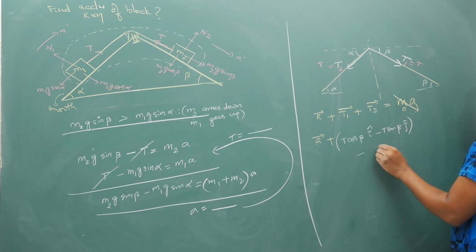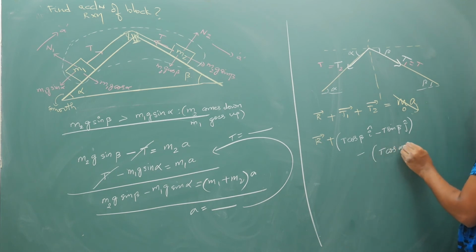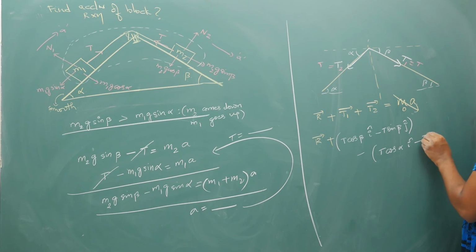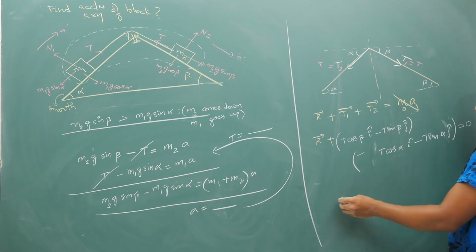Minus, okay, T cos alpha i cap minus T sin alpha j cap, that is equal to 0. Sorry, it is in the third quadrant, so minus T cos alpha i cap minus T sin alpha j cap.